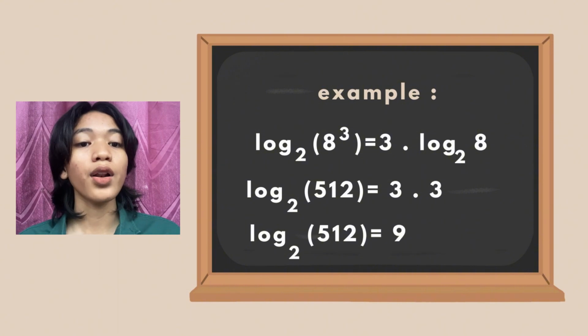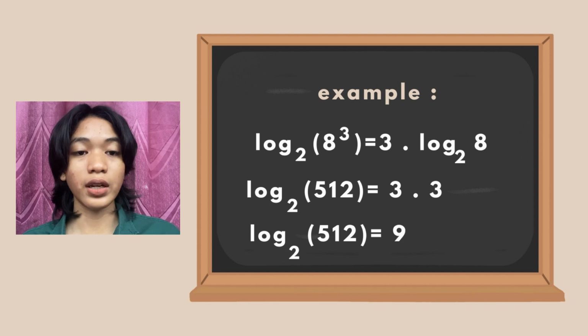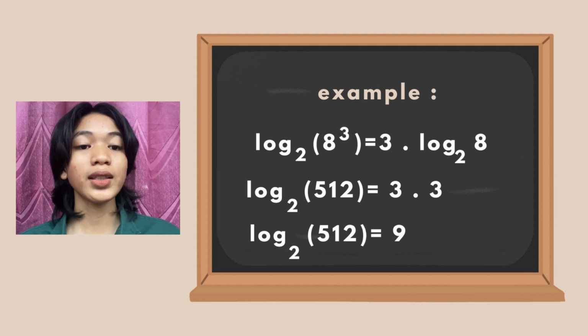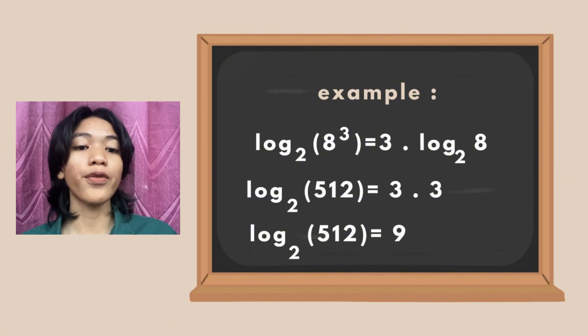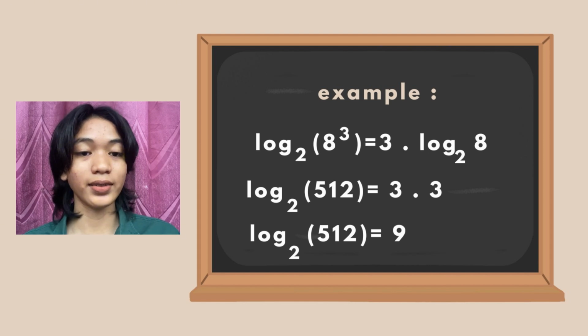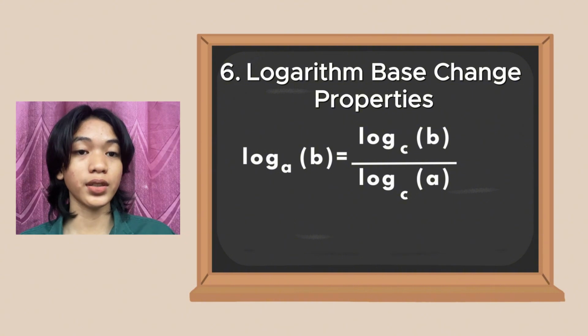Example, log base 2 of 8 to the power of 3 equals 3 times log base 2 of 8. Log base 2 of 512 equals 3 times 3. So we have log base 2 of 512 equals 9.